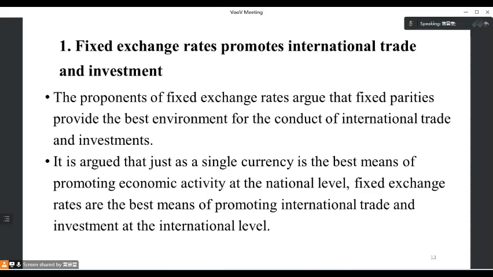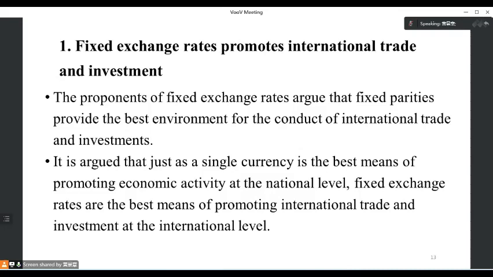Let's go on. 1. Fixed exchange rate promotes international trade and investment. The proponents of fixed exchange rate argue that fixed parities provide the best environment for the conduct of international trade and investments.